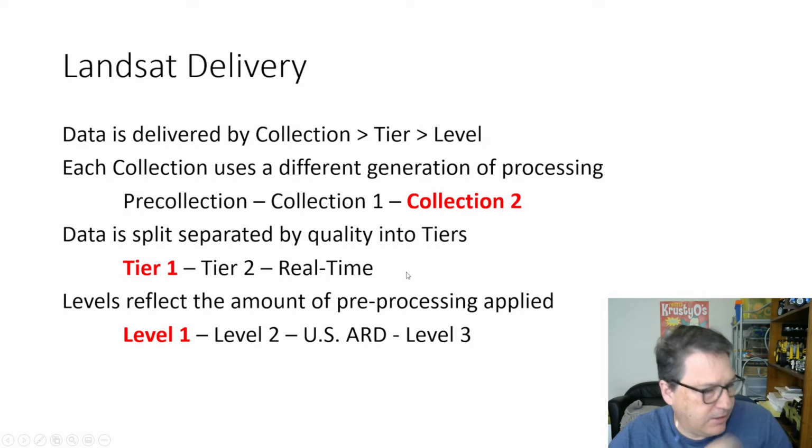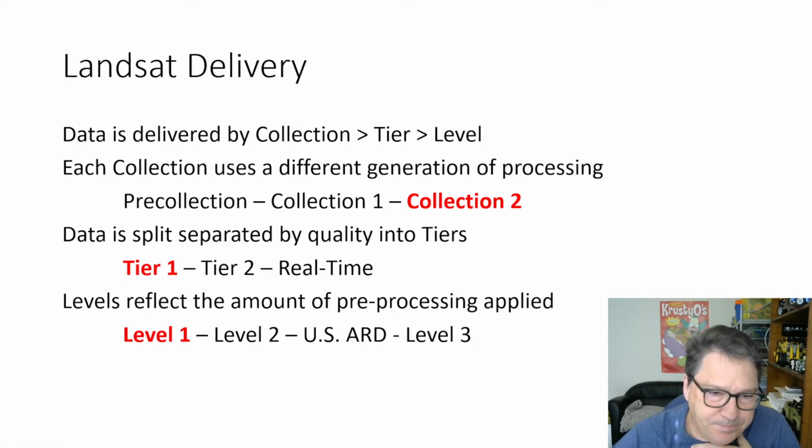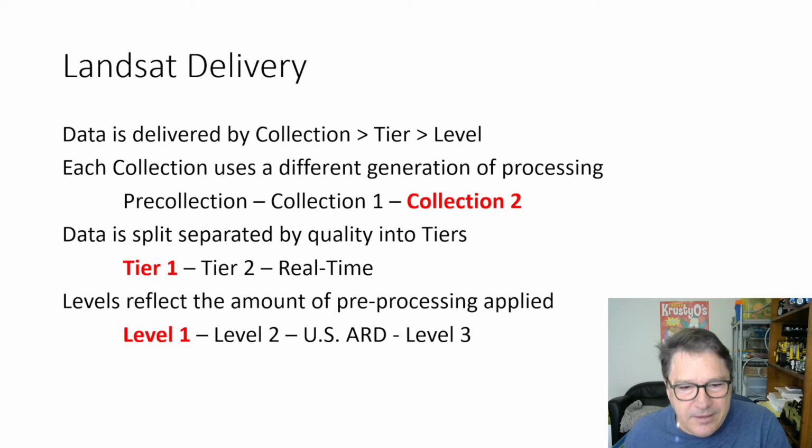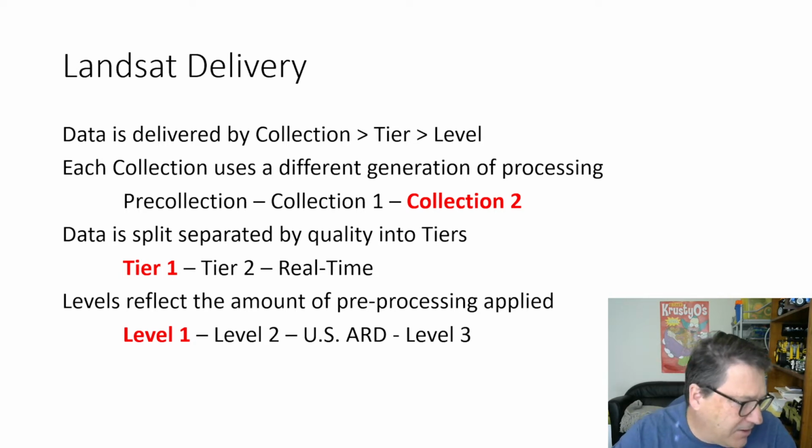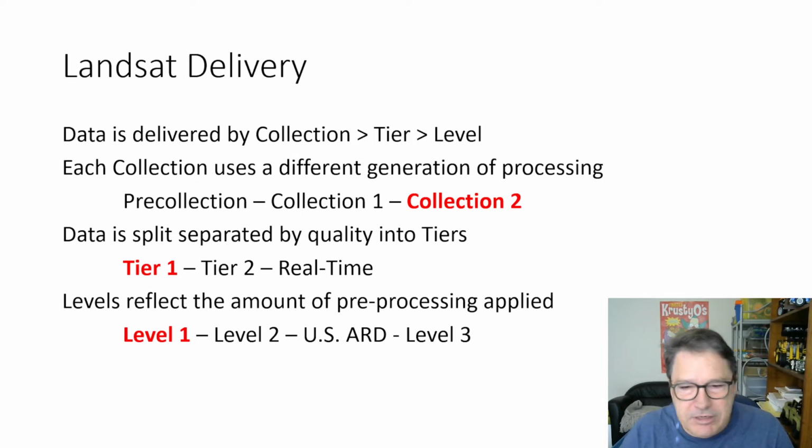So the third thing is the levels. Now there's level 1. I think actually it's fair to say there's level 0, which you can't access, but the USGS has access to. Then there's level 1, then level 2, then there's the United States analysis ready data, and then there's level 3. And generally speaking, one level will be derived from the previous level.